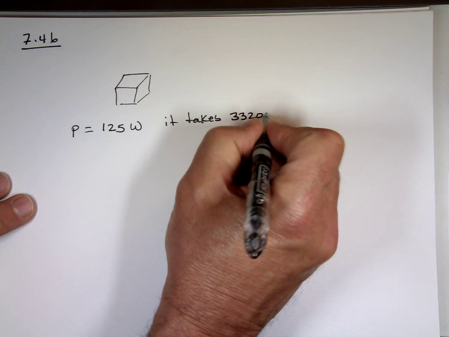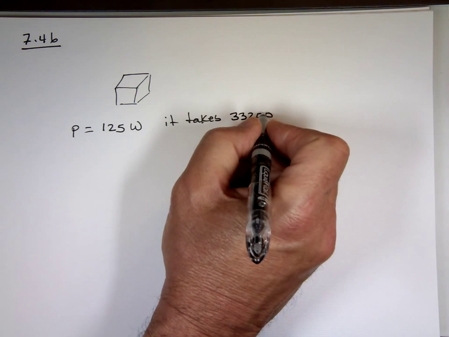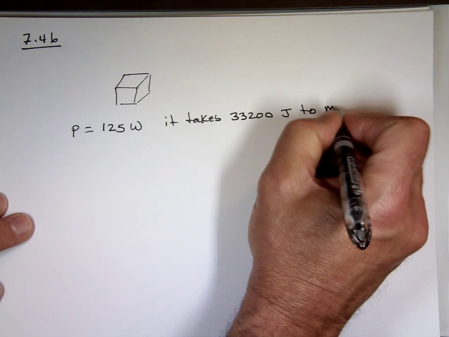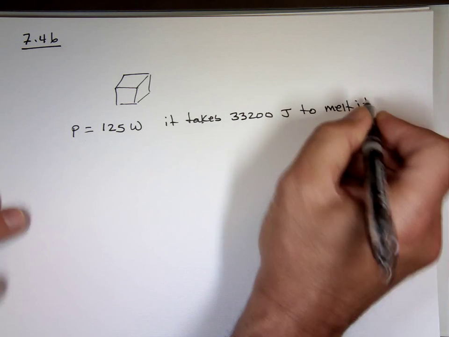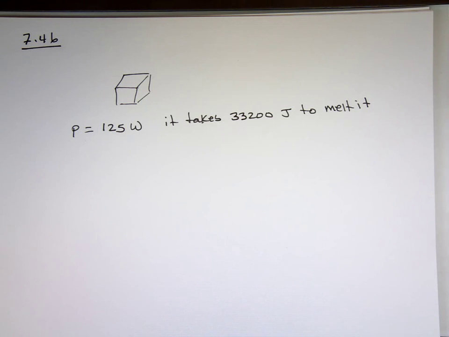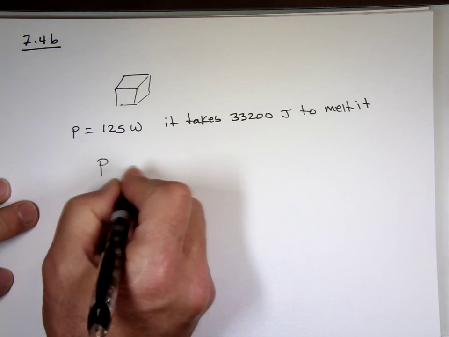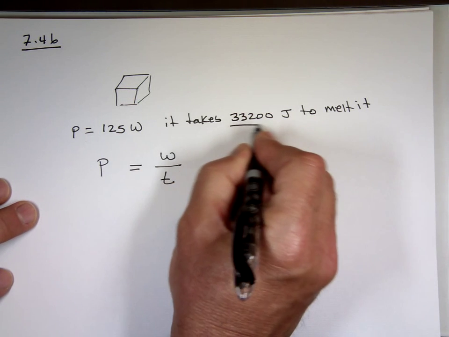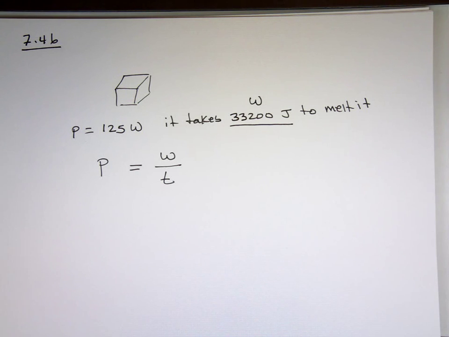33,200 joules to melt it. How long does it take the ice cube to melt? How many seconds? Well, power equals work divided by time. The fact this is in joules, that's the work done. W in joules, power in watts.